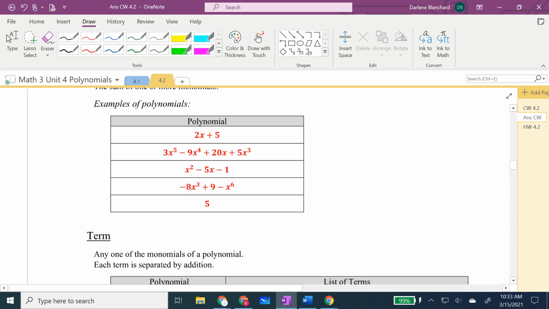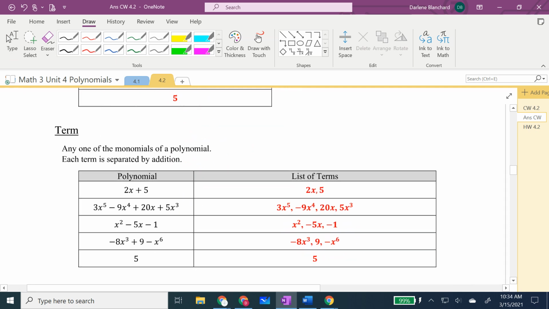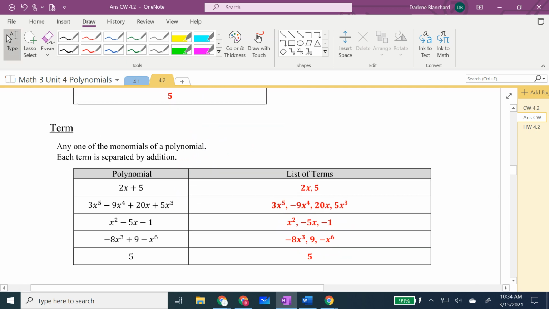I've been using the word term. I want to make sure that you're very, very clear. When I use the word term, it's just stuff in between the addition, subtraction. In your homework, I'm going to ask you to list the terms of the polynomial. Know that I'm only having you do that to make sure you understand the meaning of the word term.